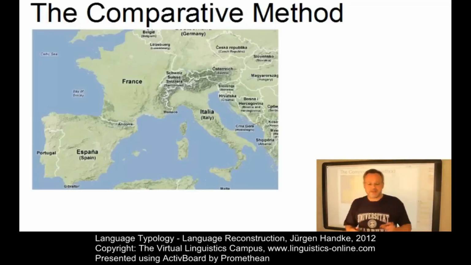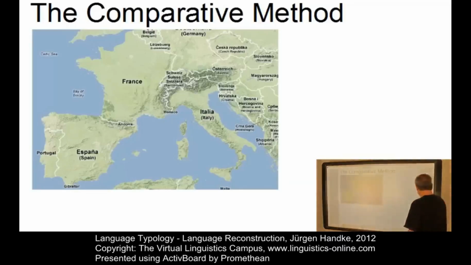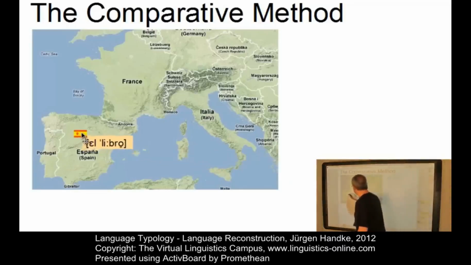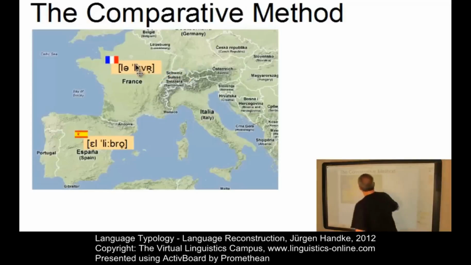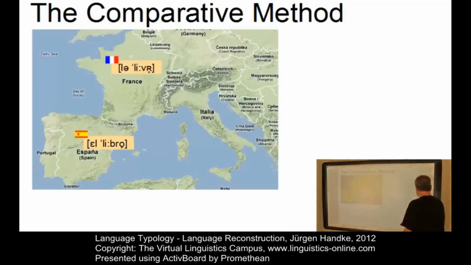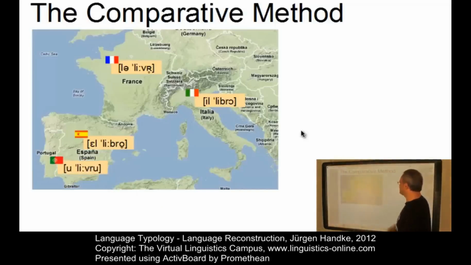Let us look at the phrase "the book" in the Romance languages in order to illustrate the comparative method. Now, you all know that in Spanish we would say el libro. In French it is le livre. In Italian we have il libro. And in Portuguese, o livro is the equivalent of the book.